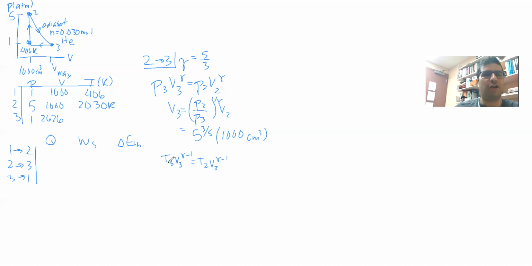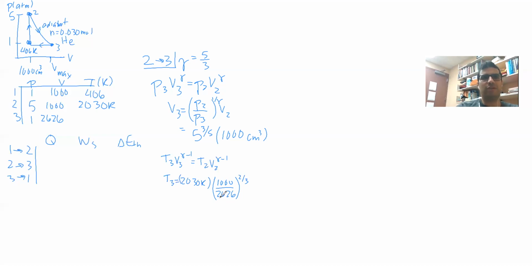And so solving for T3, now you don't need to take a root, just plug it in directly. You get T3 equals T2, which is 2030 Kelvin, times V2 over V3, both raised to the gamma minus 1, which is 5/3 minus 1, so that's 2/3.